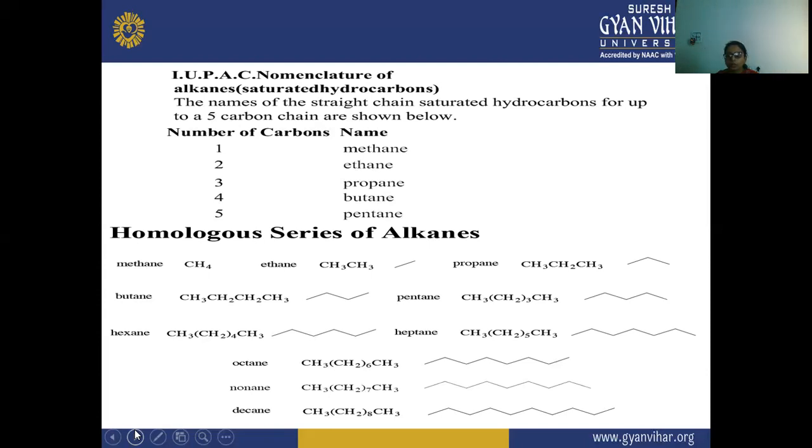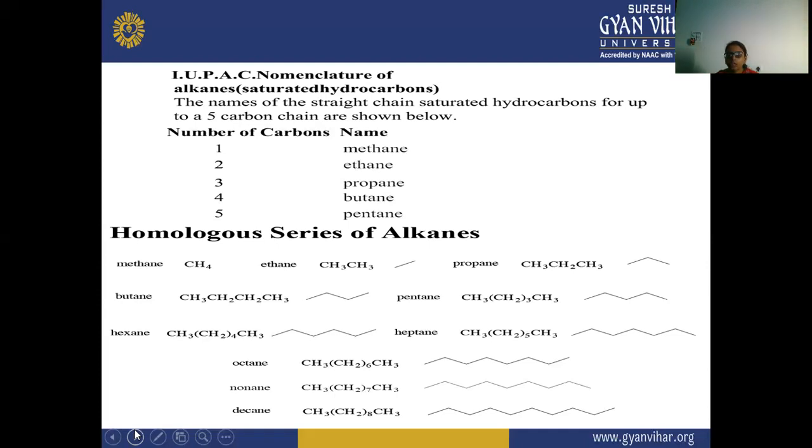So in this, the number of carbon atoms that is 1 is known as methane. That having 2 is ethane, because the 2 carbon atoms are bonded by a single bond. Next is 3, which is propane, where 3 carbon atoms are bonded by single bonds.